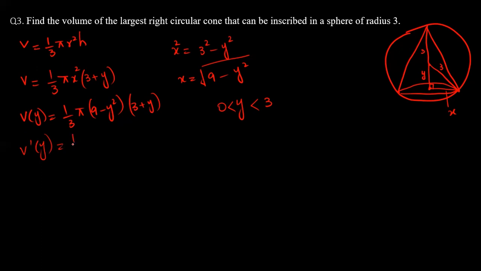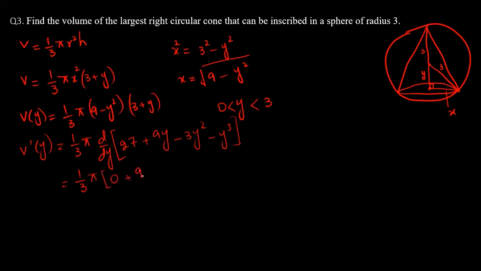If we rewrite it, this gives us 1 by 3 pi times 27 plus 9y minus 3y square minus y cube. Now it is easy to differentiate, and this will give us 1 by 3 pi times 0 plus 9 minus 6y minus 3y square. Okay, so this is our derivative.